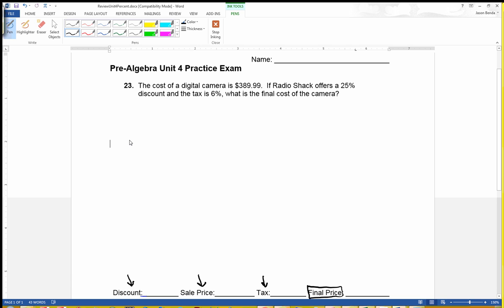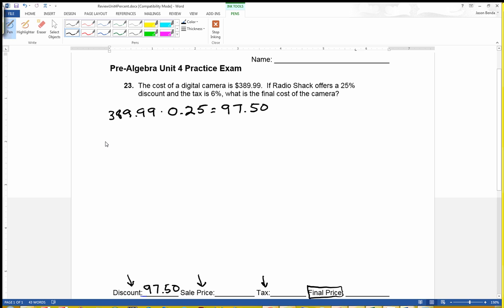So first let me review how we would have seen this in the pre-algebra course. We would have said, all right, I'm going to take the $389.99 regular price, and I'm going to multiply that by 25%. And that's going to give me $97.50. That's the amount of the discount.